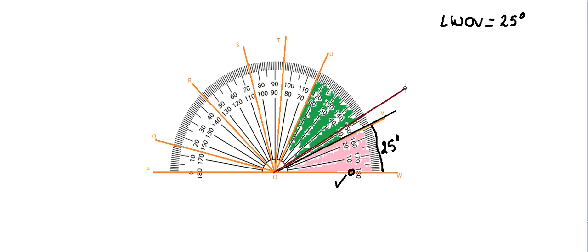This ray will start from its position from here and reach till OU. OV is the initial point and it will reach point OU. So we have to check how much rotation it has taken, or how many degrees it has moved.